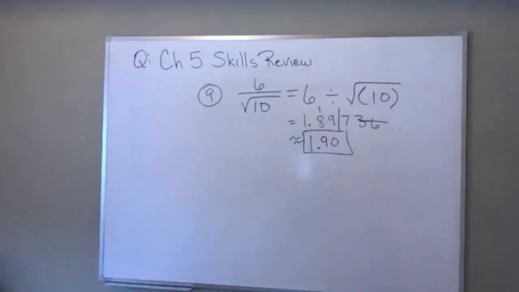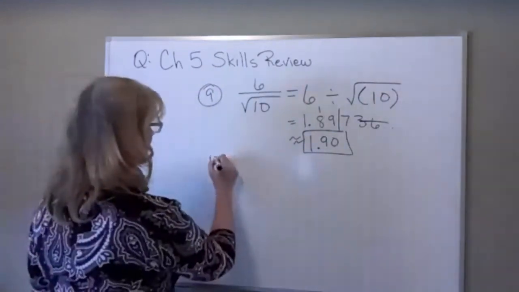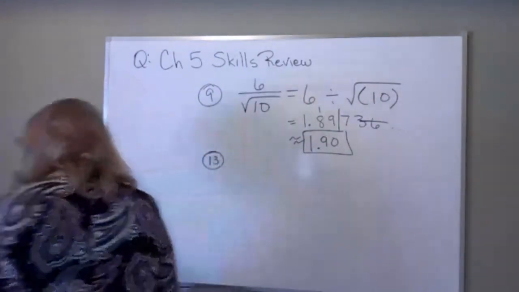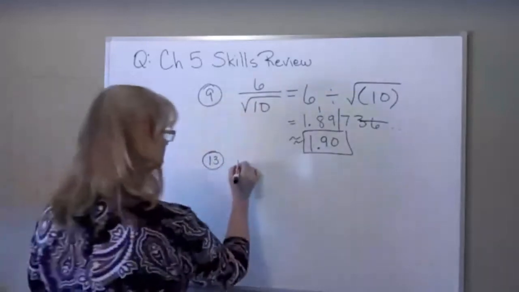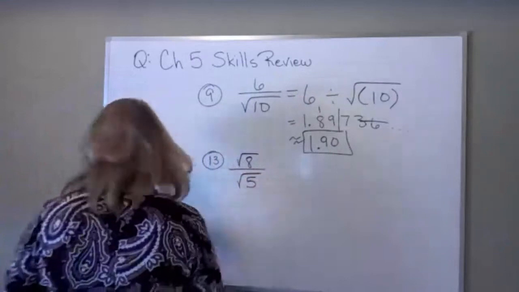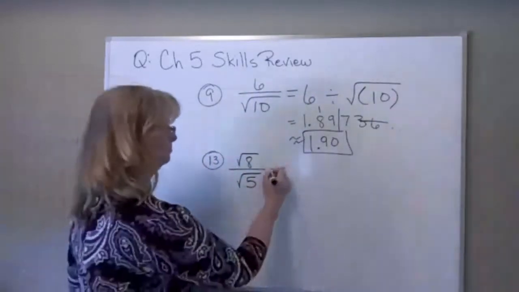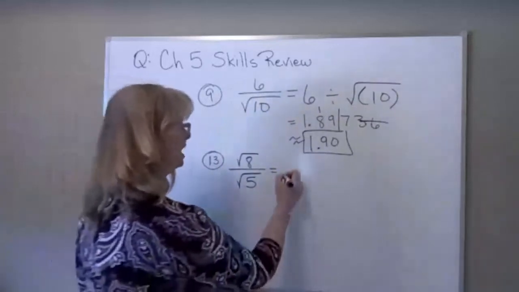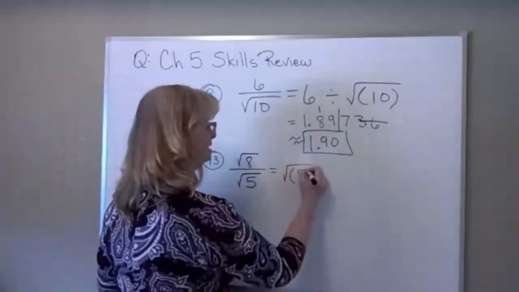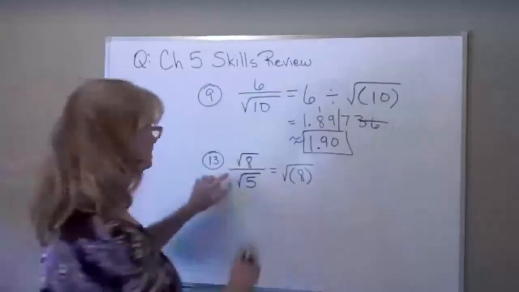And then when you get to number 13, and I think the rest of them are like this one. So I need to do square root 8, and make sure we always put the thing under the radical in parentheses.